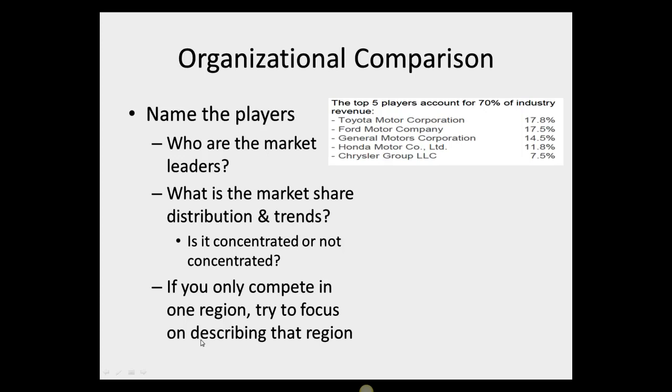So while it's really cool to have all of this IBISWorld information from the libraries, sometimes what we really care about is the local competition. So like you might have a small business and who is within 10 miles, what other companies are within 10 miles that are your direct competition. You need to know that and explain how you compete against them.